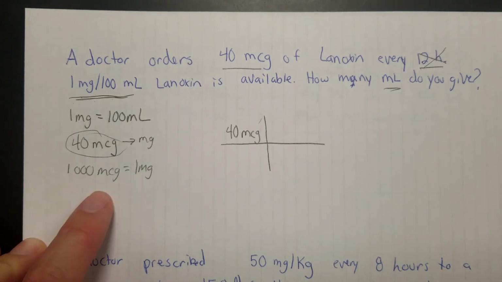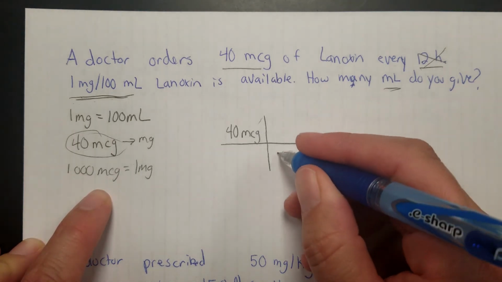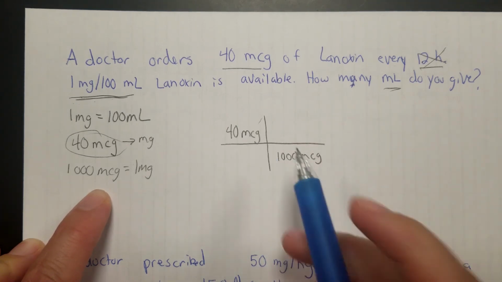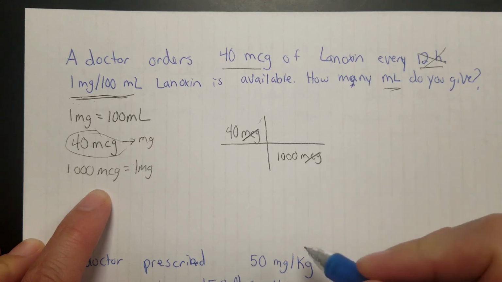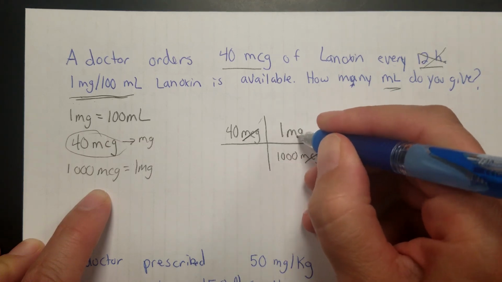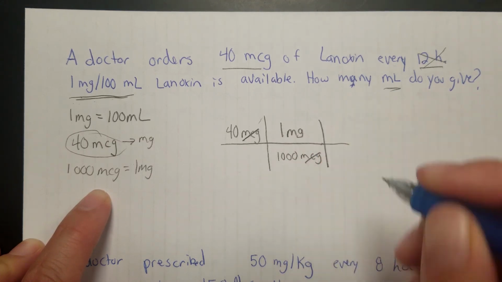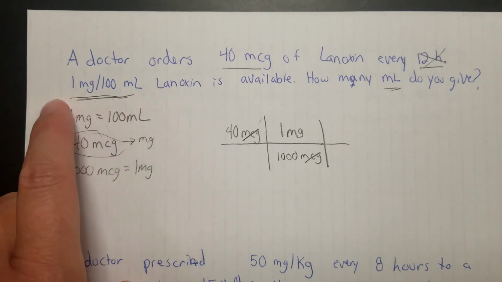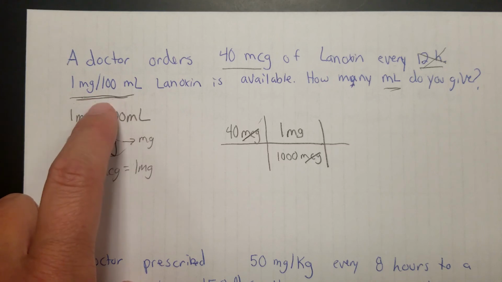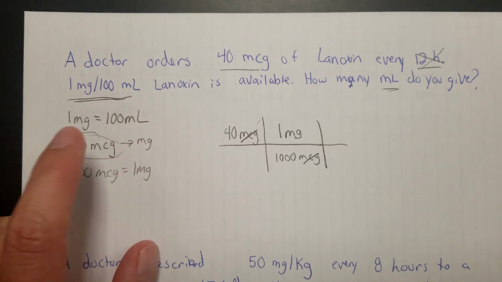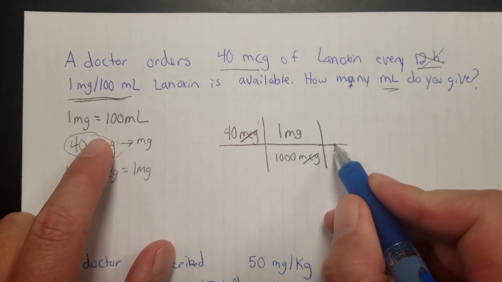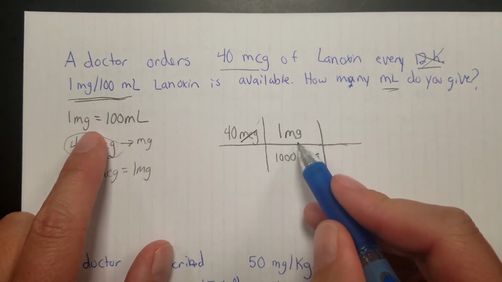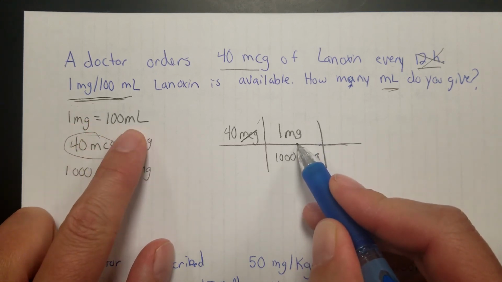I'm going to use this conversion factor first, putting the micrograms on the bottom so that they're on opposite sides of the horizontal line and will cancel. That'll put my 1 milligram on the top. Now, I can use this dosage that they gave me, the availability, as a conversion factor in my next spot on the railroad tracks to go from milligrams, which is what I'm in now, to milliliters.